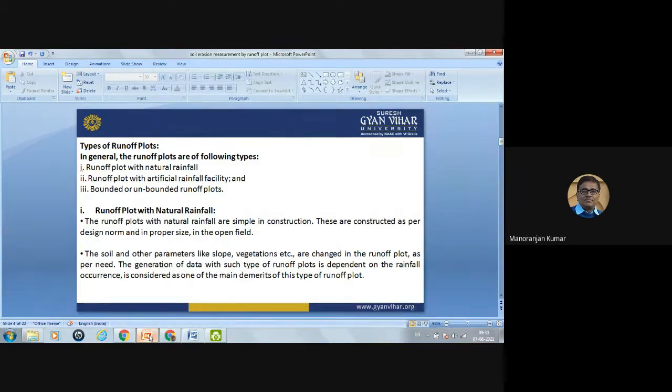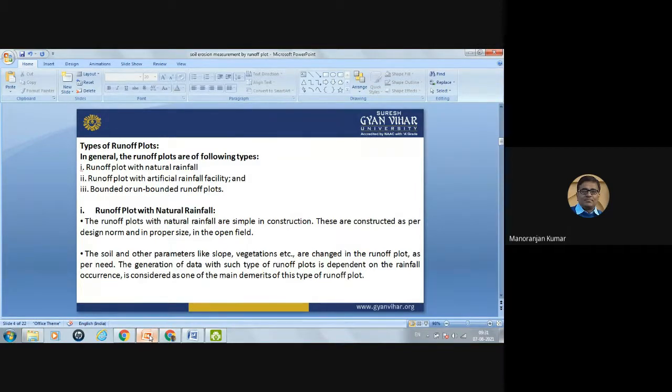The second is runoff plot with artificial rainfall facility, that is also known as the rainfall simulator. And the third is bounded or unbounded runoff plot. So three types of runoff plots are used to calculate the soil loss from the field.